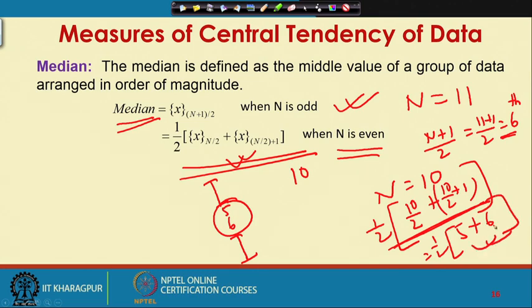This is fine, no problem here. We have to calculate median depending on whether the number of observations is even or odd accordingly.